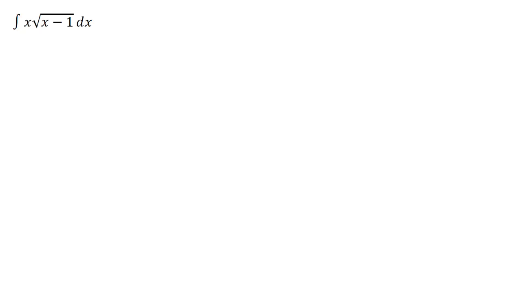All right, for this one, we have x root x minus 1. So there's a couple ways to go about this one, and I think probably the easiest way is to just do a real quick substitution where u is equal to x minus 1. Then du is just dx, which is great, and x is equal to u plus 1.